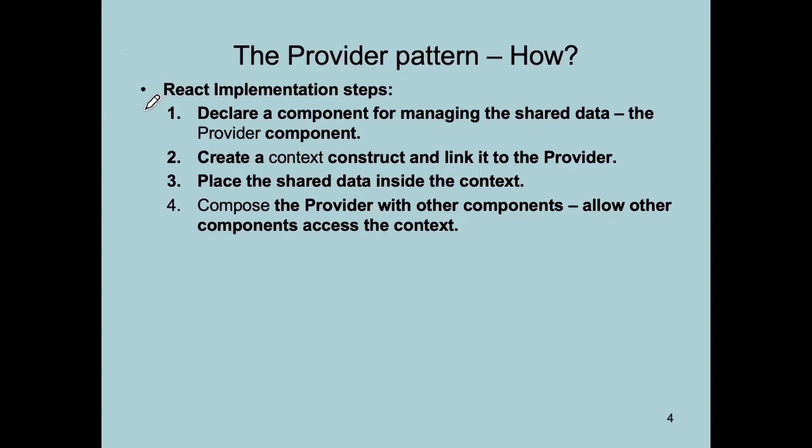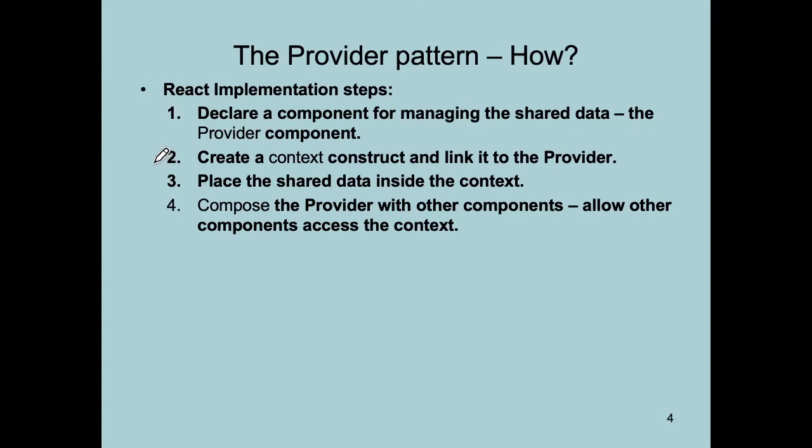The shared data or the shared state is that state in the very top component from the previous slide. And we simply call that component the provider component. It's going to manage the state in the same old way. It's going to use the useState hook and maybe the useEffect hook if the data originates from the backend. So we know how to implement all of that. There's nothing particularly new in step one.